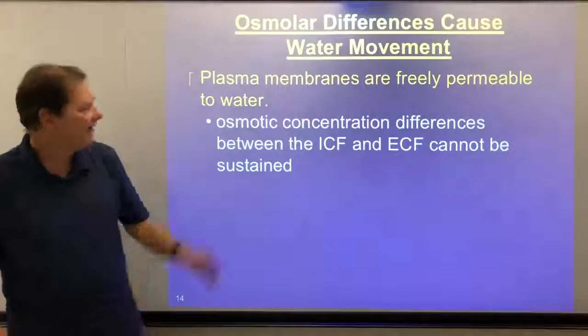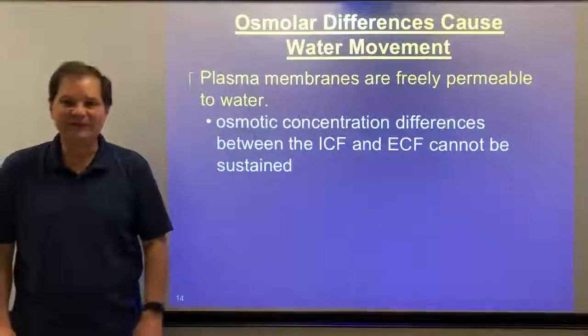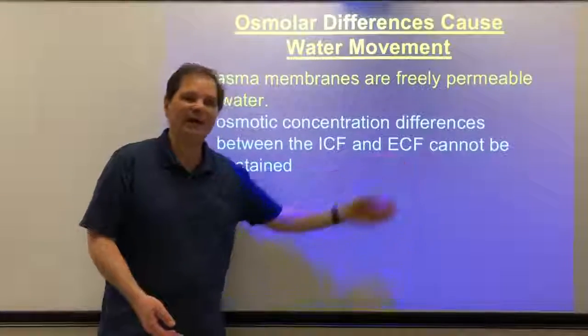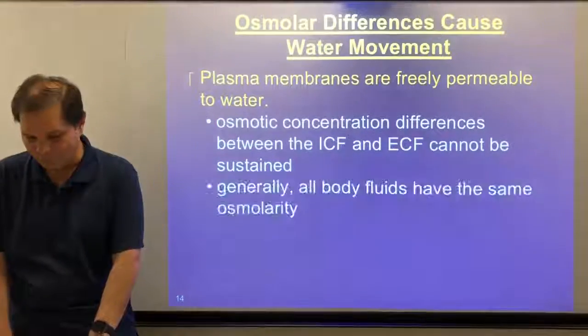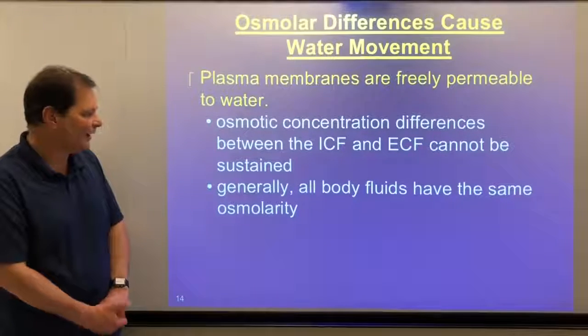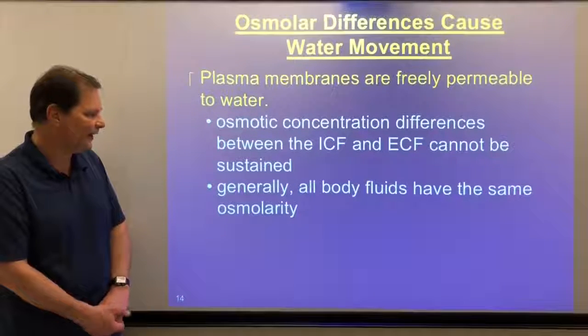So, that is exactly what this says. You can't sustain an osmotic difference between the inside of the cells and the outside of the cells. Water is going to move down its gradient from low osmolarity to high osmolarity until the osmolarity is the same.